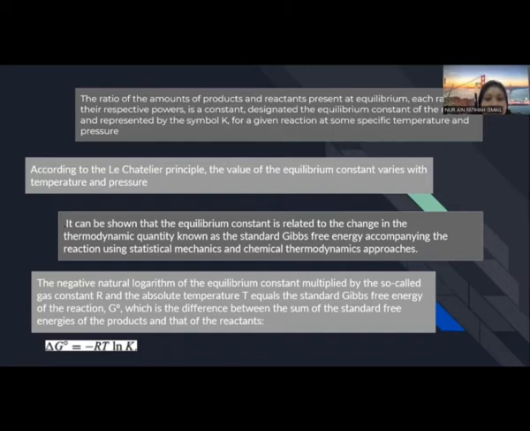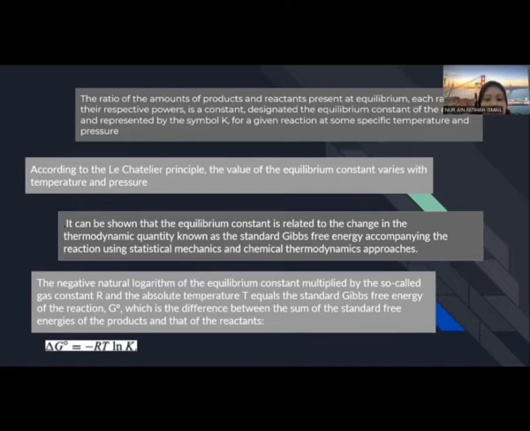According to the Le Chatelier principle, the value of the equilibrium constant varies with temperature and pressure. It can be shown that the equilibrium constant is related to the change in the thermodynamic quantity known as the standard Gibbs free energy, using statistical mechanics and chemical thermodynamic approaches.